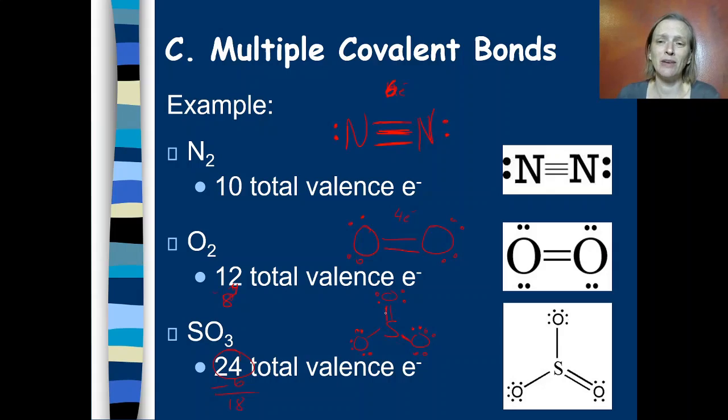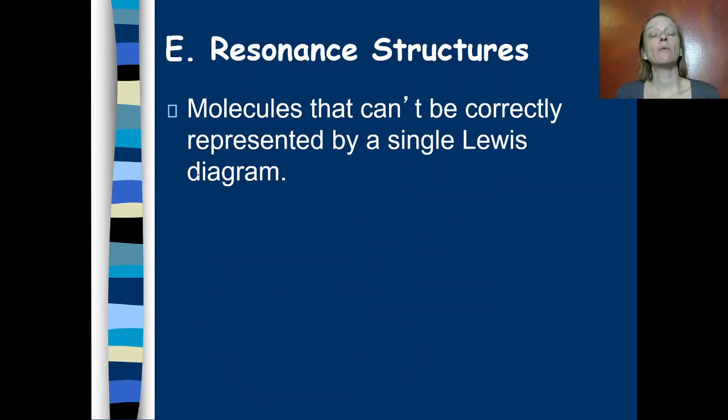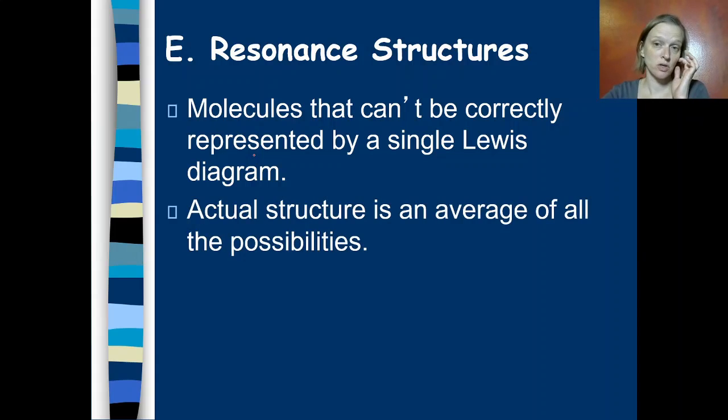Or it would have been equally valid for me to have put the double bond over here to this oxygen. I have 3 equally valid ways to draw this Lewis dot structure. When we have a molecule that can't be correctly represented by a single Lewis dot diagram, then we use resonance structures.